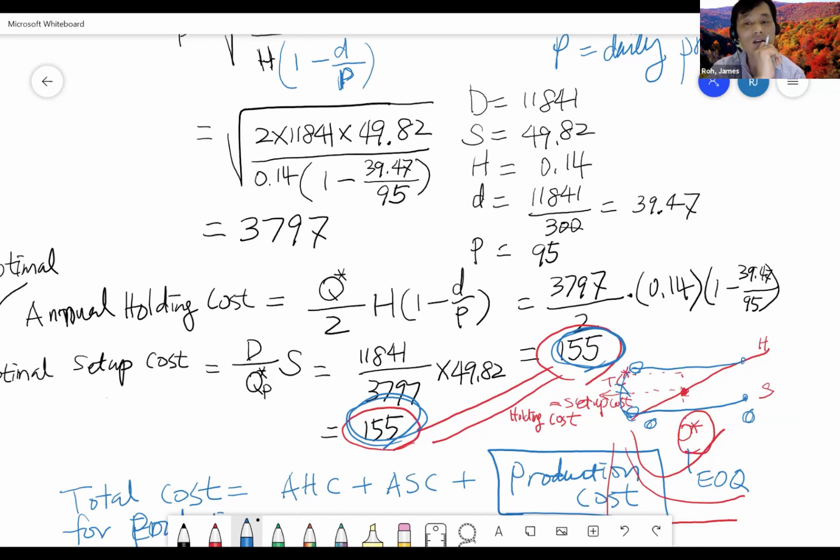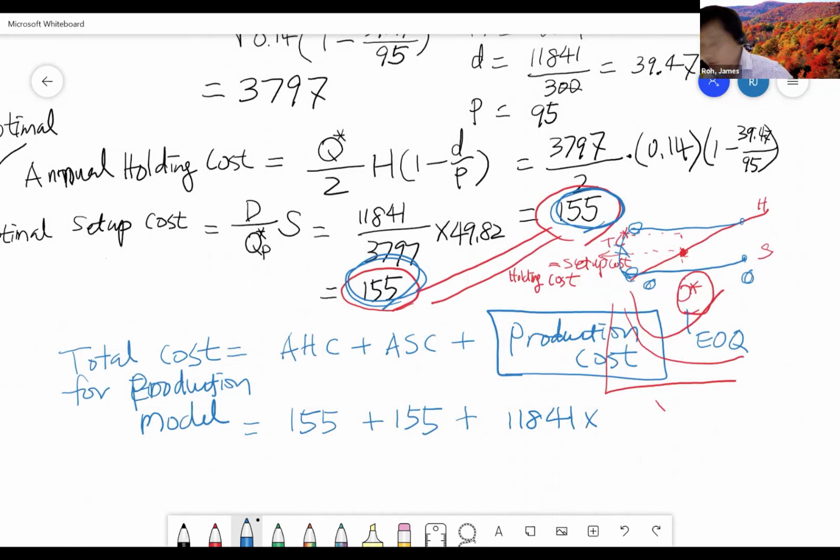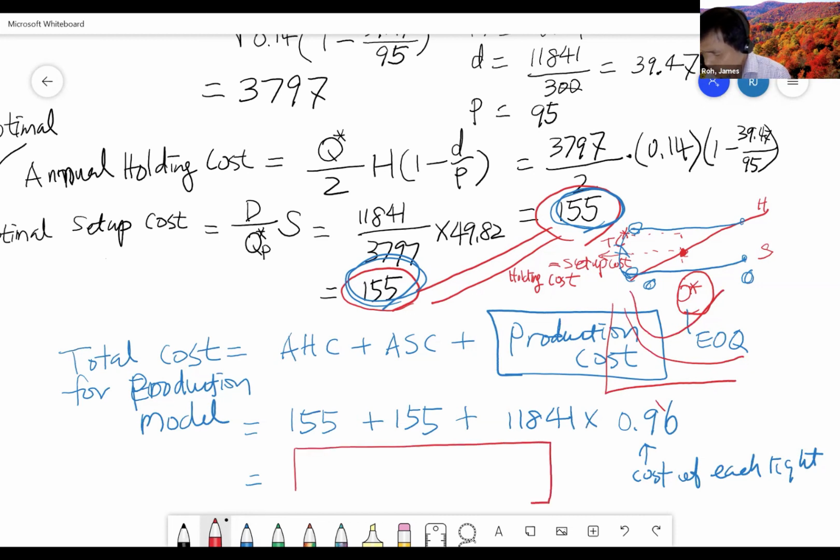The cost of each light is 0.96. And if you do that, you will get the total production cost. So 300 plus this.